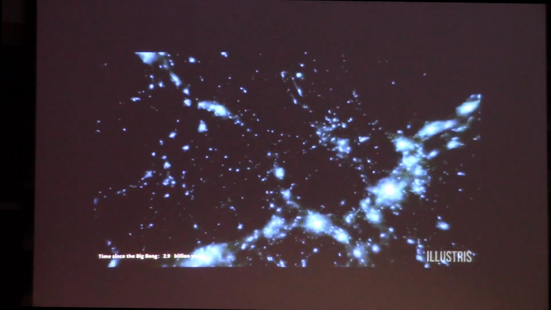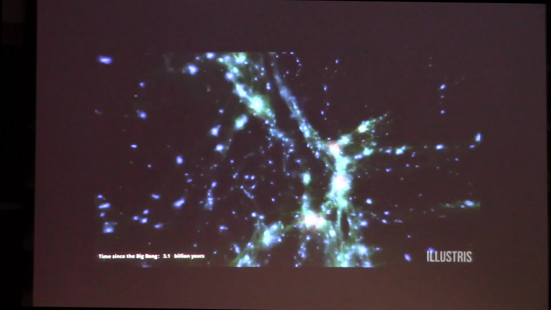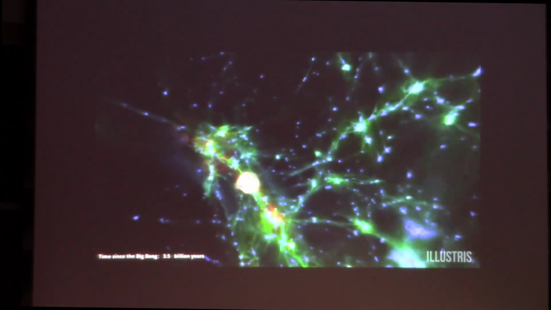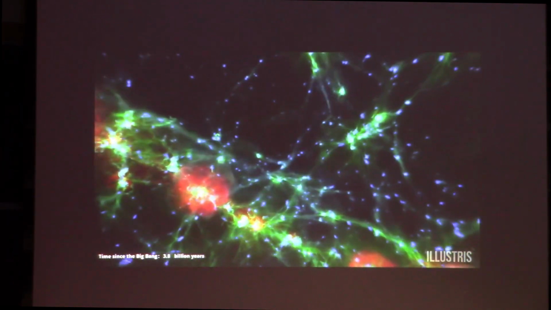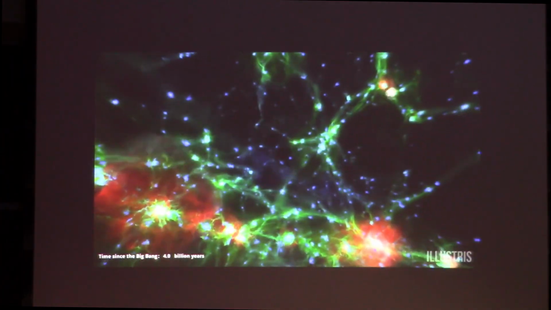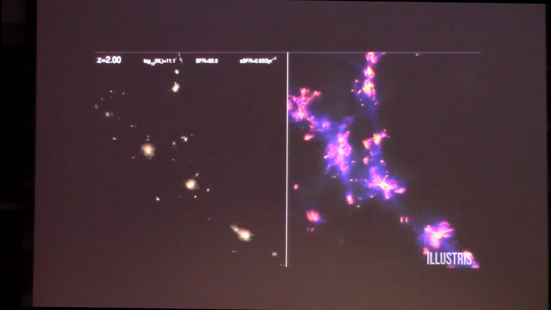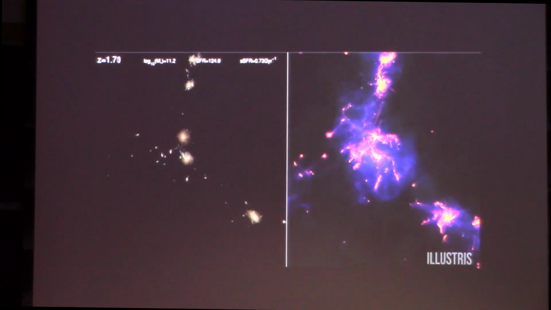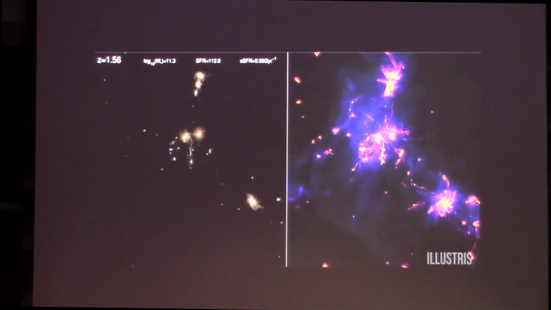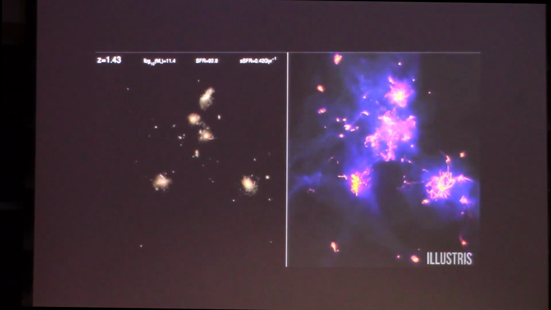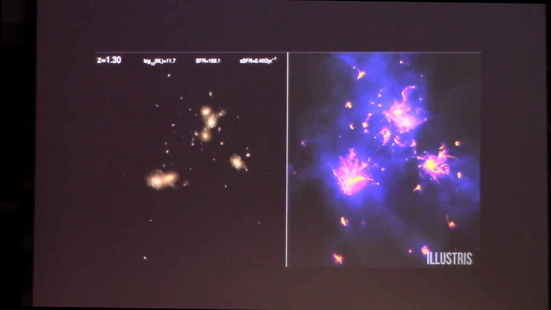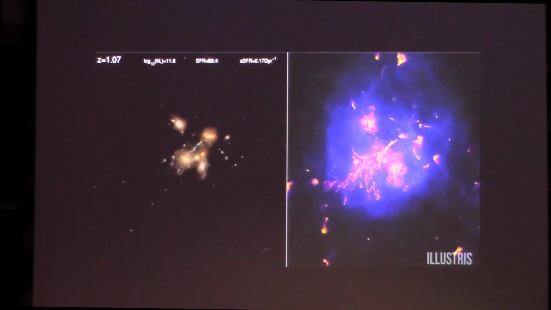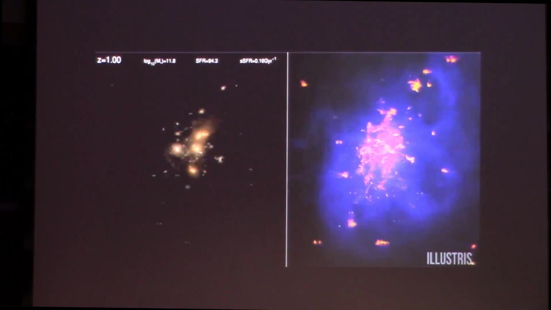Where these filaments meet, something strange begins to happen that will affect the character of nearly every galaxy or star. Vast bubbles of hot gas begin to form and expand outward. On the left is a closer view of galaxies that are falling into one of the central regions. On the right is the gas that envelops these galaxies. As gravity draws these galaxies together, waves of hot gas explode outward.